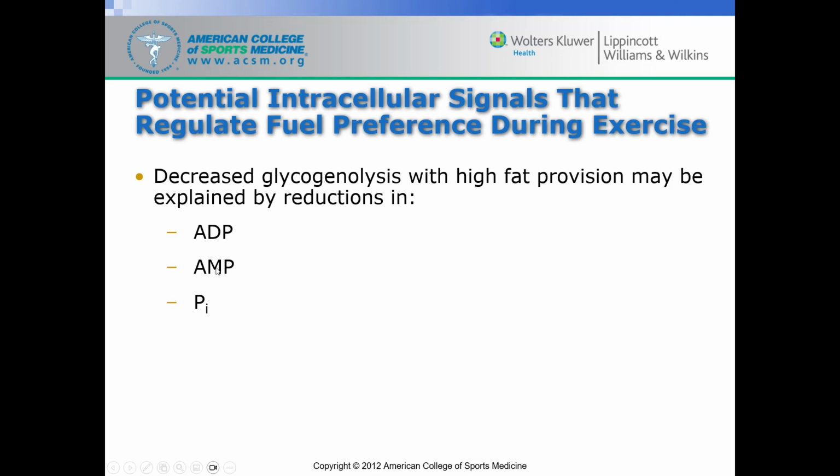These are signs of ATP hydrolysis. So the more ATP you use, the more glycolysis you're going to end up needing. So it'll stimulate glycolysis. But with a lot of fat, you can reduce these levels of ADP, AMP, and phosphate.